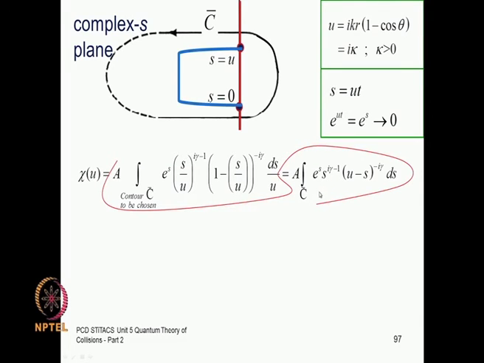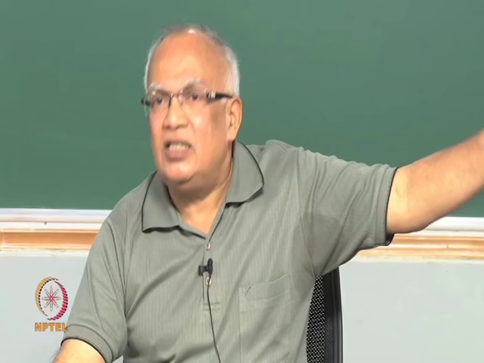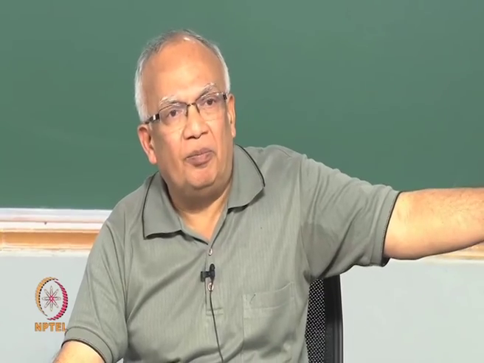So, how would you do that? We know that you can choose this contour C bar, the contour over which we have to carry out this integration. We can do it over a sum of two contours, one going around the first branch point and the other going around the second branch point, because the point at infinity is just the point at infinity in the complex plane.